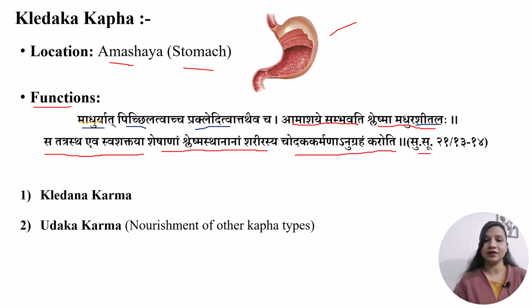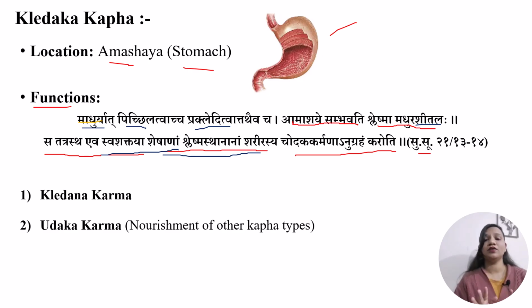Remaining there by its inherent qualities, which is the second line, sa tatrastha eva swashaktaya sheshanam, meaning swashakti, it supports all other kapha sites, sheshanam shleshma sthananam. So the Kledaka Kapha remaining in the amashay by its inherent quality supports all other kapha sites and the entire body by performing hydration, lubrication and nourishing functions.